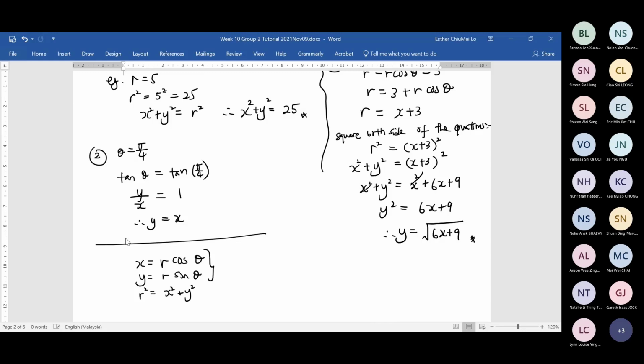And because of this, y over x gives the tangent theta, which is opposite over adjacent. So that's all the things we learned yesterday. There's not much here.